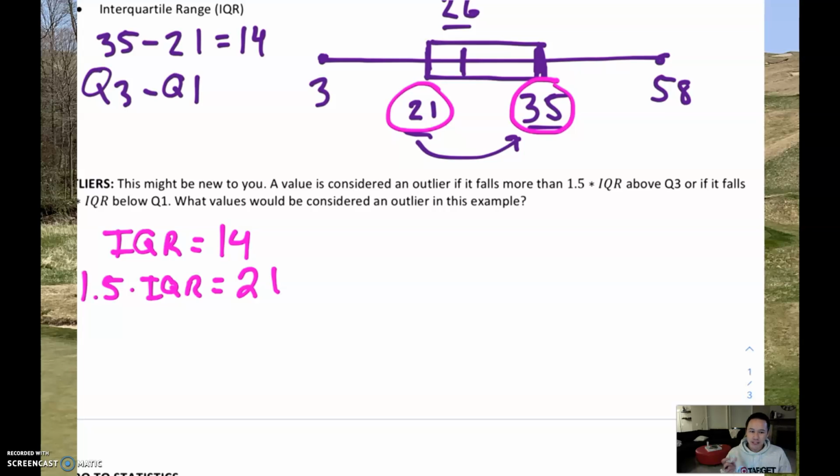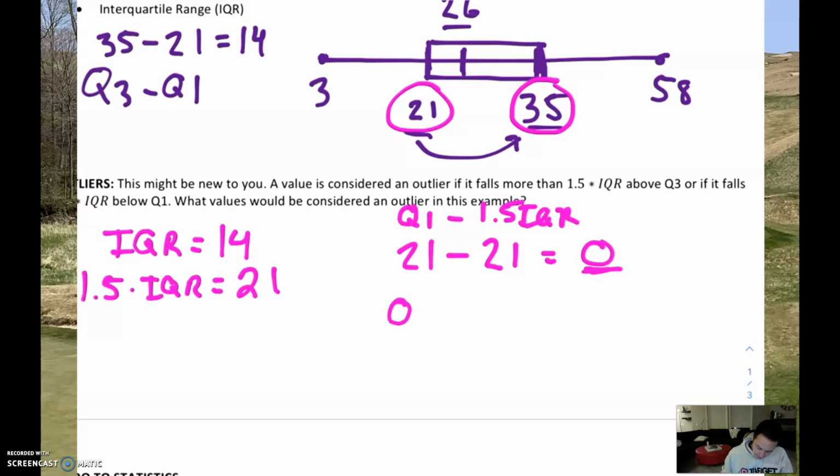Let's see the range of values that could be considered an outlier. If I take Q1, 21, and subtract this 1.5 IQR, 21, we get a value of 0. So anything below 0 would be considered an outlier according to this set of data.